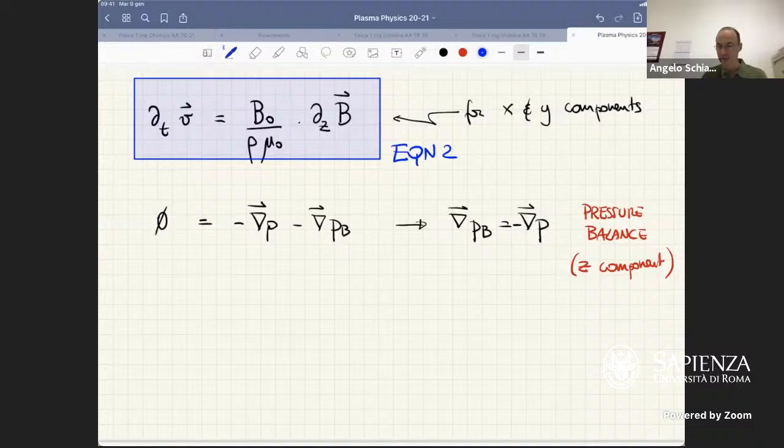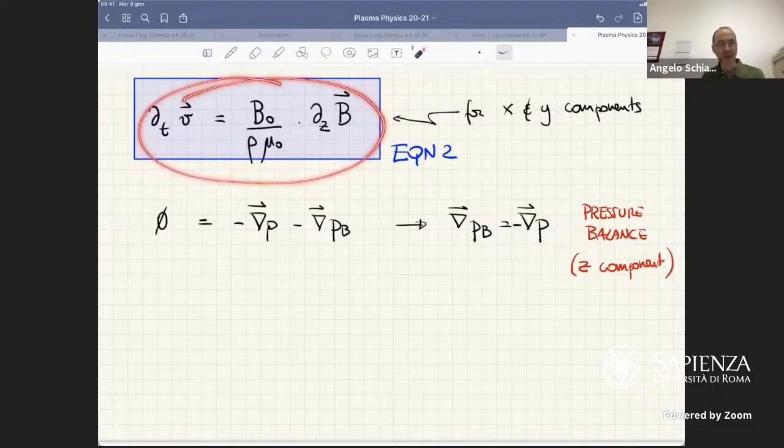Now we can combine the two equations into the wave equation for Alfvén waves. So usually we take mixed derivatives. This is a first order differential equation, and we go to a second order differential equation. As you might remember, the wave equation is a second order partial differential equation.